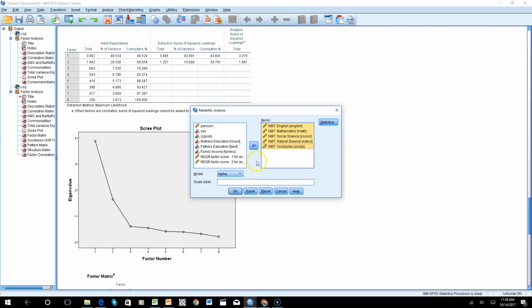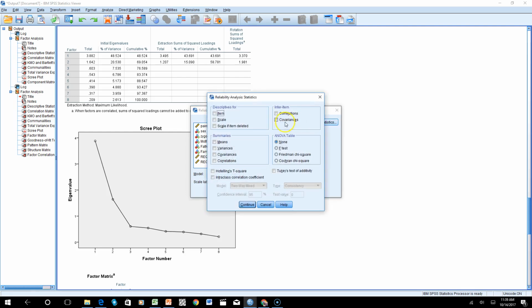Okay, everything's there, only factor 1. This is important. Make sure when you're doing your reliability coefficient that you always use this descriptive statistic, scale if item deleted. That's important. Okay, we'll do that. Click here.